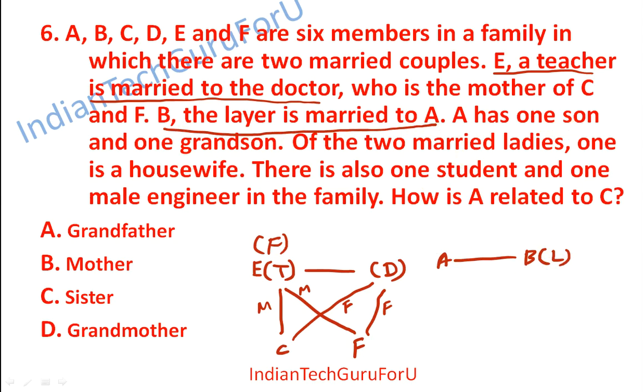So let me write the statement here. B is a lawyer who is married to A. Next, A has 1 son and 1 grandson. So A definitely has 1 son and 1 grandson.